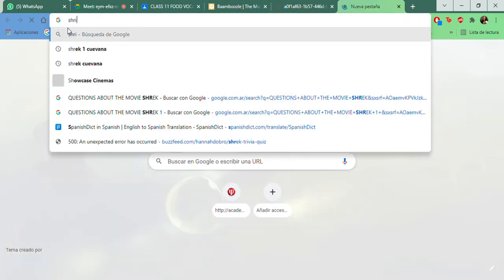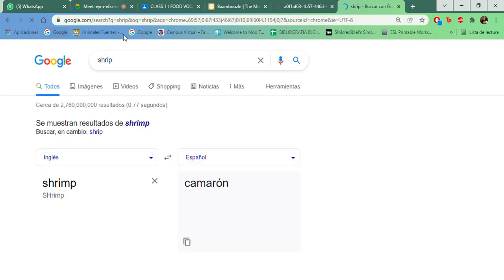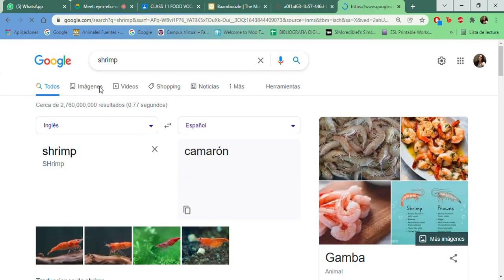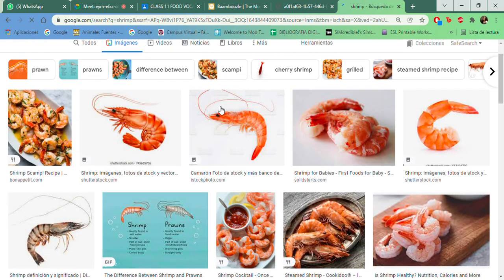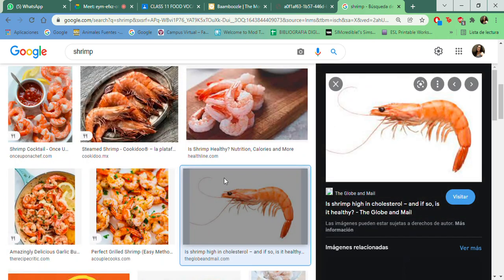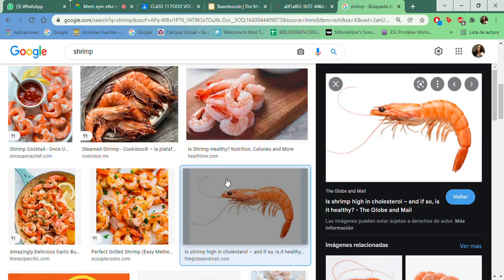That is shrimp. That is seafood as well. And octopus. Do you know the octopus? Yes, you know. Okay.